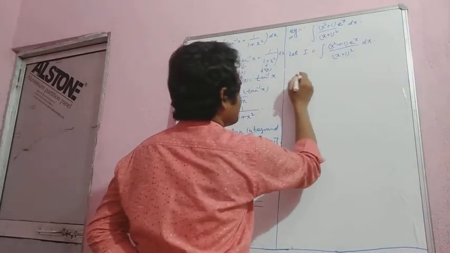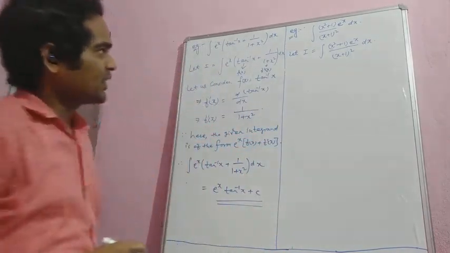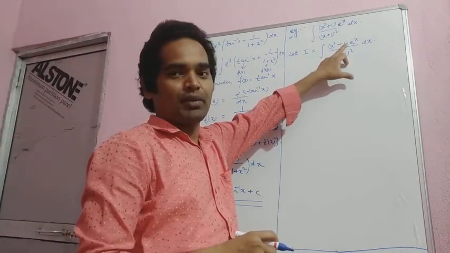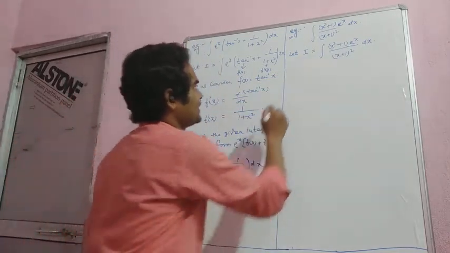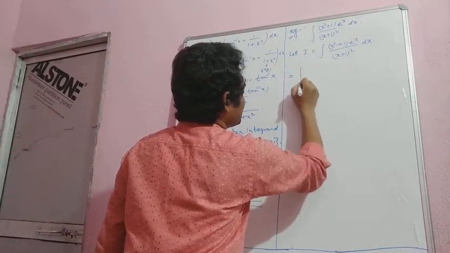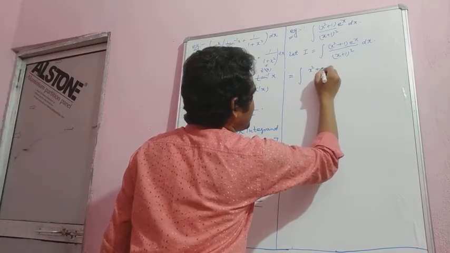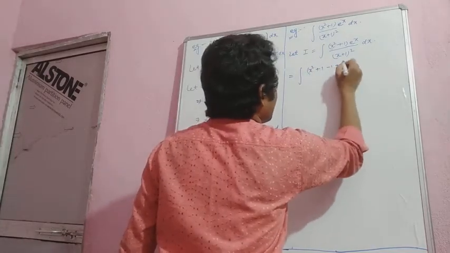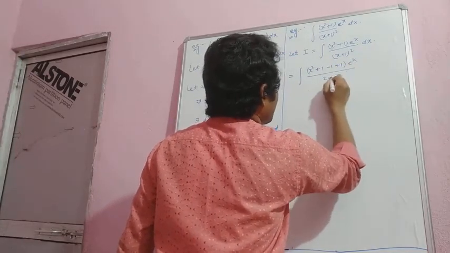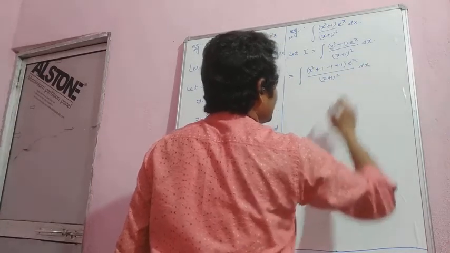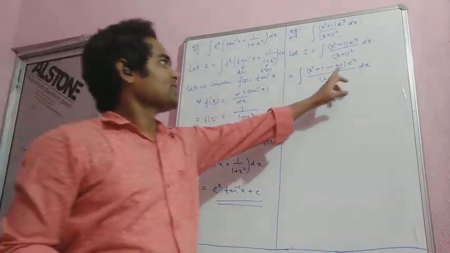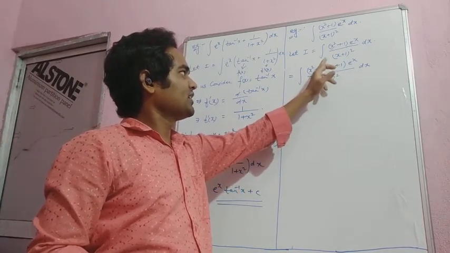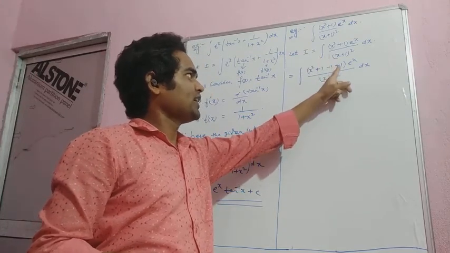Here students, adding and subtracting 1 in the numerator, we get I is equal to (x square plus 1 minus 1 plus 1) into e to the power x upon (x plus 1) whole square dx.